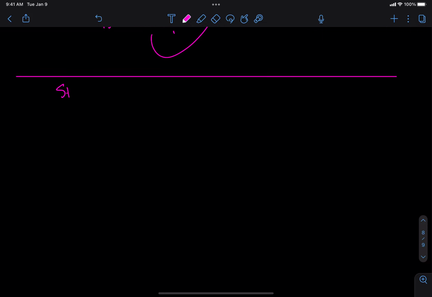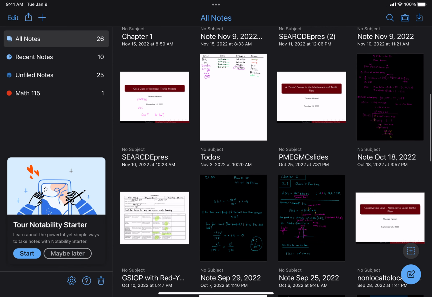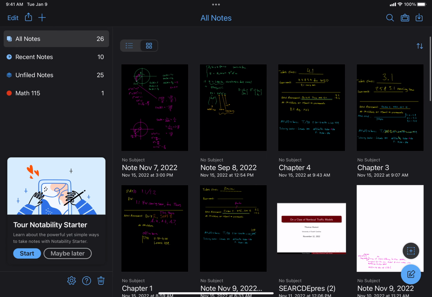So, stretching and compressing sine and cosine. So let me go back to the notes, actually, and I'm going to copy in the relevant section.